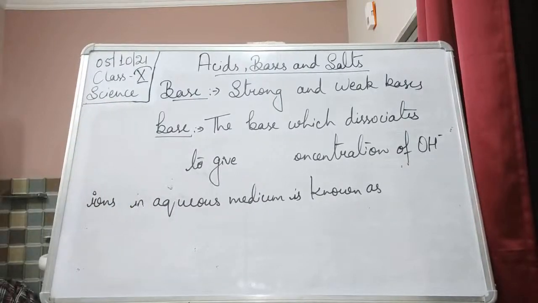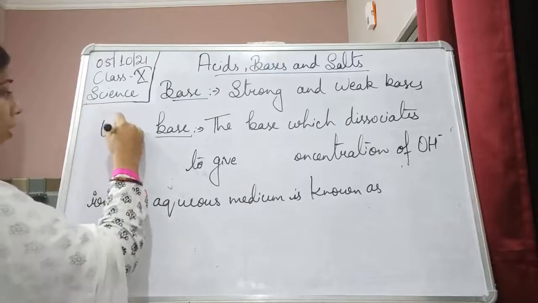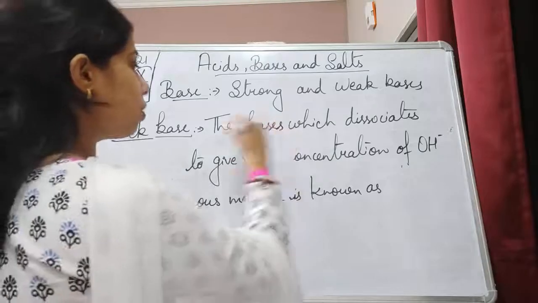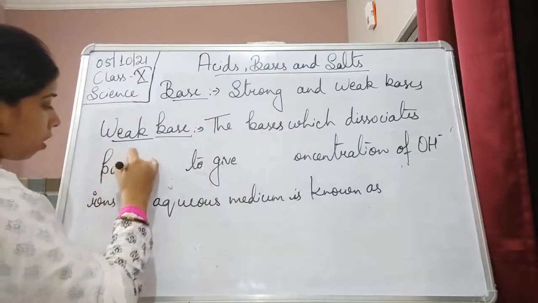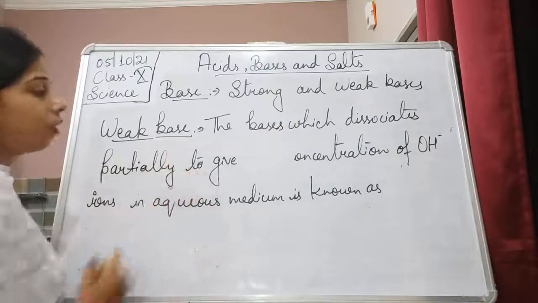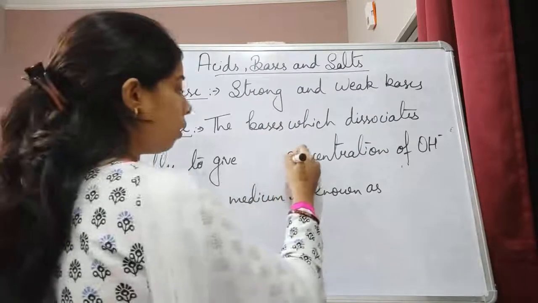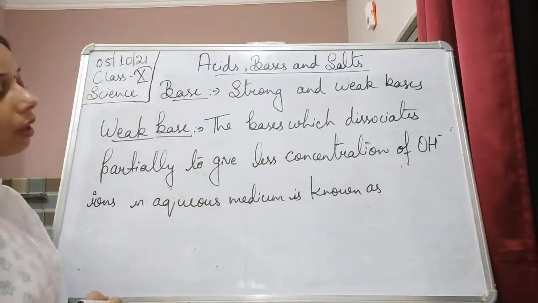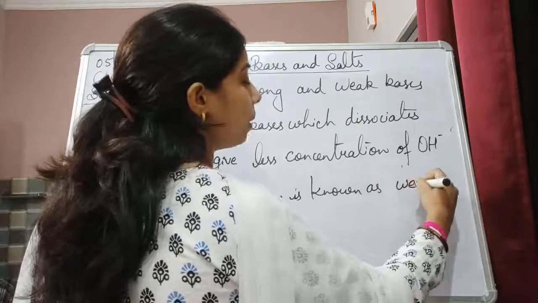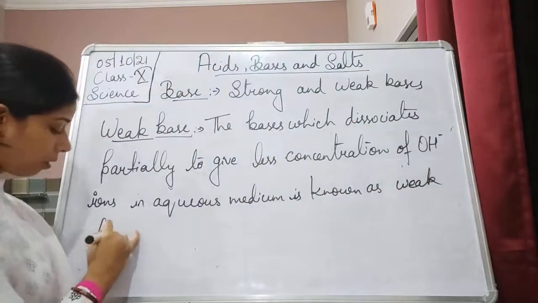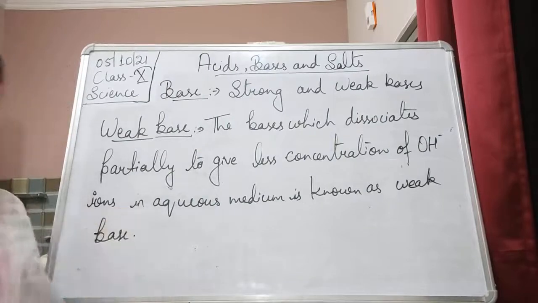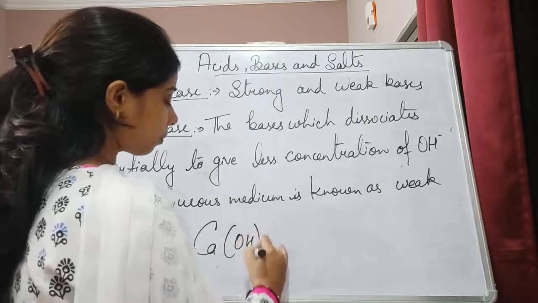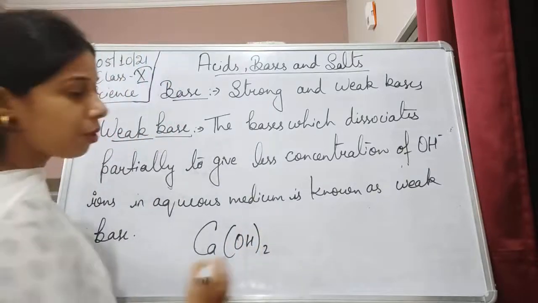Now see here, weak base: the bases which dissociate partially to give a lower concentration of hydroxide ions in aqueous medium are known as weak bases. And examples are calcium hydroxide or magnesium hydroxide.